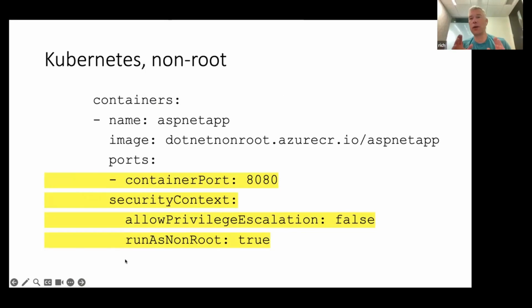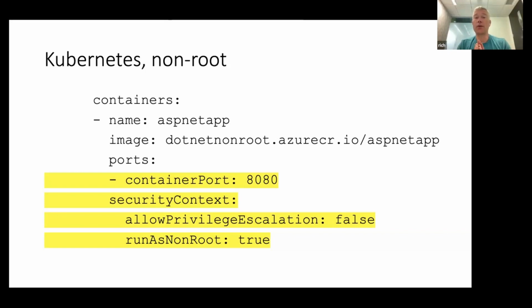And then in Kubernetes, our policy here is we only run non-root container images. What this line does is it doesn't force the container image to run as non-root. It's going to inspect the container image. This is a test to validate that it is non-root. It will fail to run if it's root.